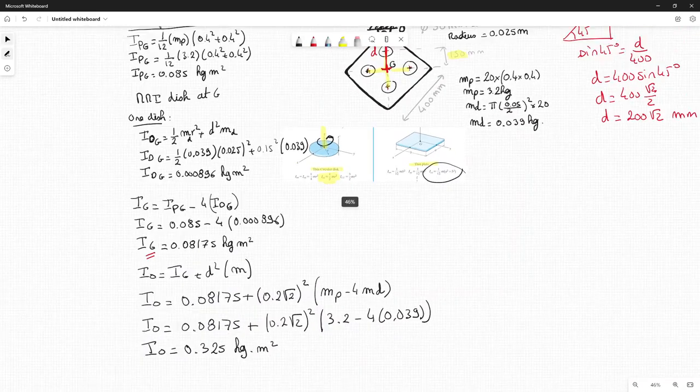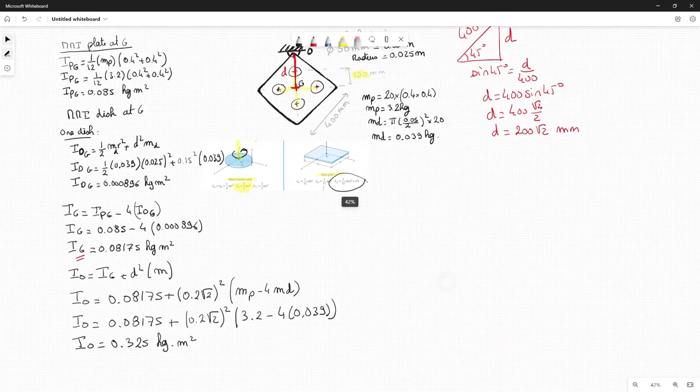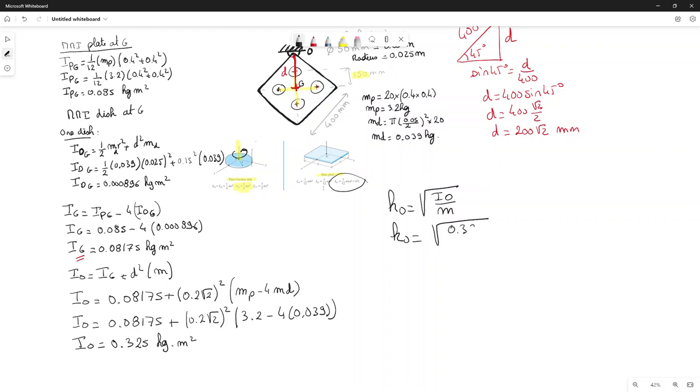Let's see if we get something that looks correct if we look at KO. So KO is the square root of IO divided by the mass. So we should have KO equal the square root of IO, 0.325, divided by the mass. So the mass was 3.2 minus 4 times 0.039. Okay, forget parentheses there.